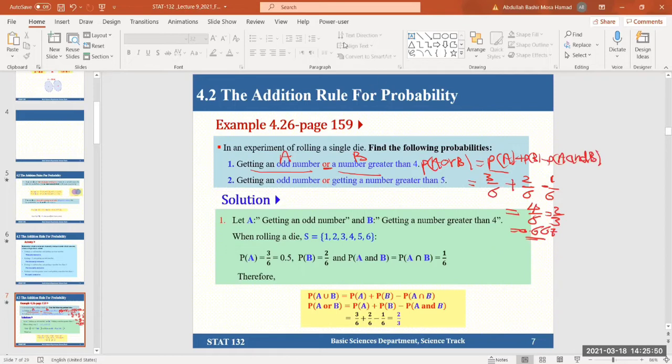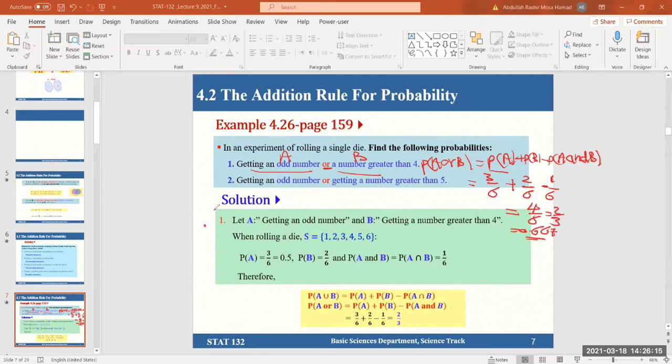Let's move to the second one. The second one is about getting an odd number or getting a number greater than 5.